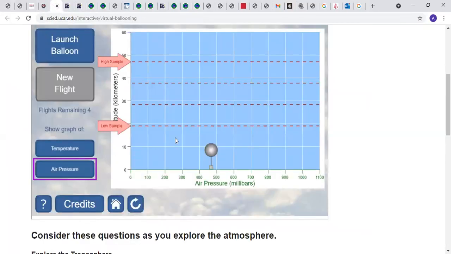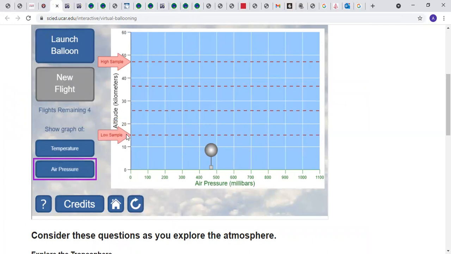Hopefully that makes sense. If you see a gradual change in air pressure, maybe a long increase or a long decrease at about 20 kilometers of altitude, then maybe that's one of your boundaries. That's either going to be your tropopause or your stratopause. Things like that. I'll even do an annotation for that.